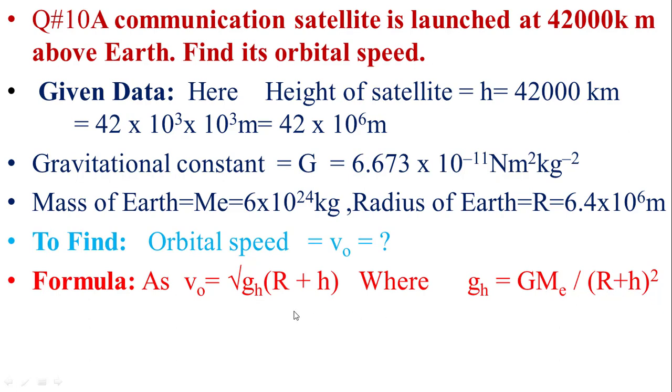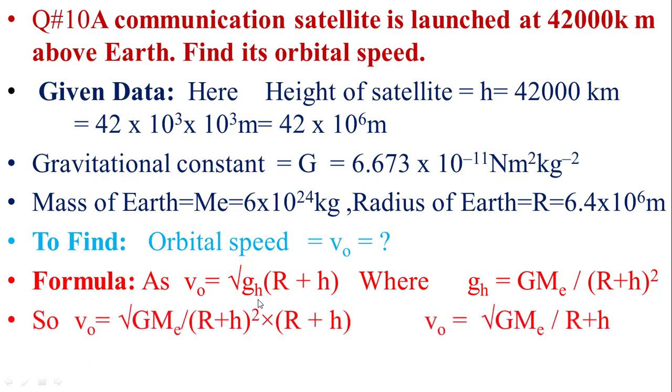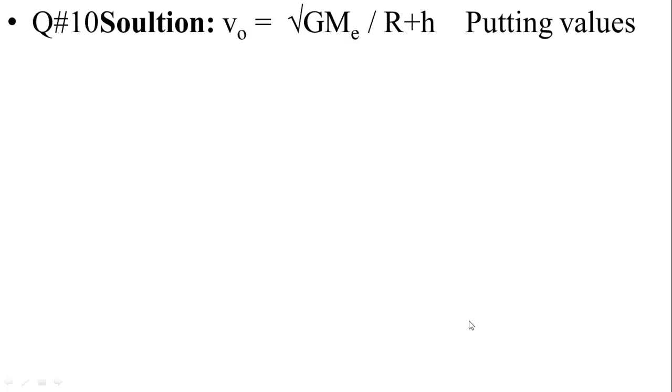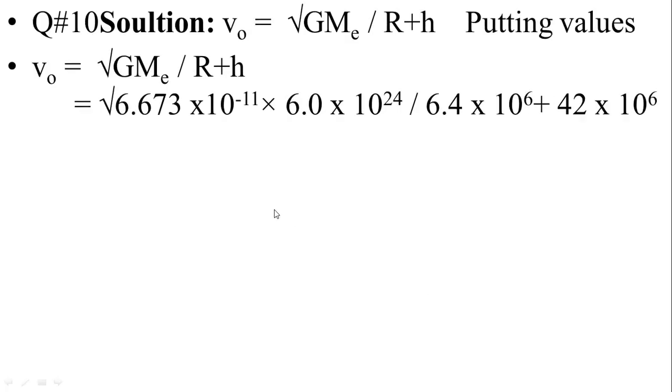Putting this value in this equation, V naught is equal to GME upon (R plus H) whole square multiplied by (R plus H). The final answer is V naught is equal to the square root of GME upon (R plus H).